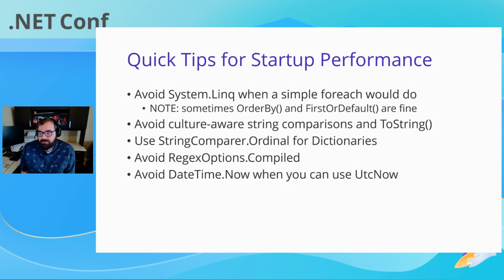But if it's a regex you use once, it's actually worse. This is actually noticeable on mobile, so I would recommend not using this setting. In .NET 7, they have this awesome new feature where they create a source generator for your regular expressions. So I'd look at that in the future if you really have to use this in your app, but just something to avoid for now.